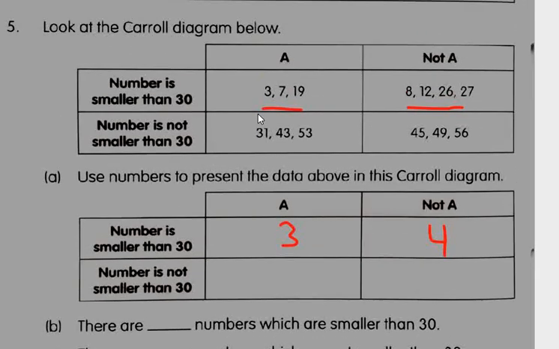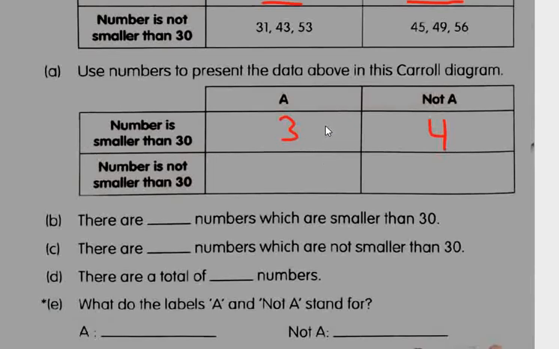A is numbers smaller than 30, and this is greater than 30, the second row. And what is the difference? Okay. The question asks you to find the difference.